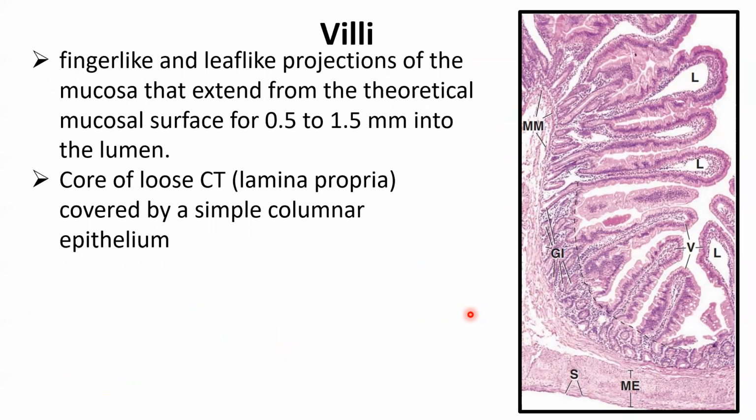Now, the epithelium of the small intestine forms what's called villi. These are finger-like or leaf-like projections of the mucosa, extending from the theoretical mucosal surface for about 0.5 to 1.5 millimeter into the lumen. So this is the plica circularis, the submucosa, muscularis mucosa.